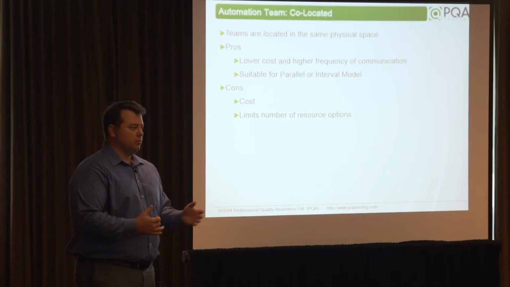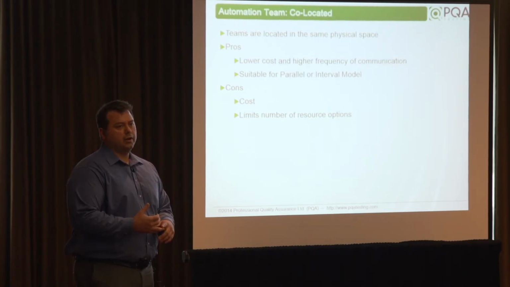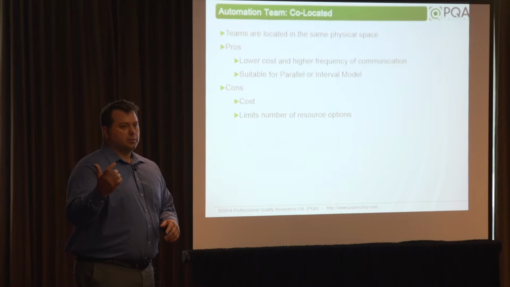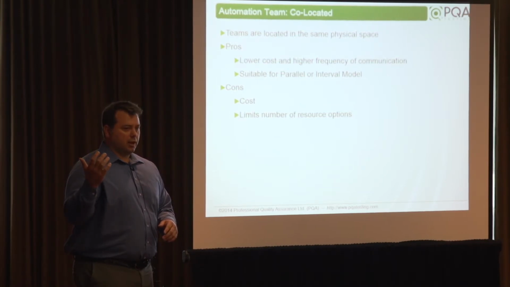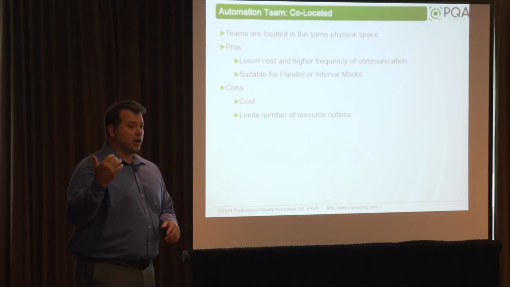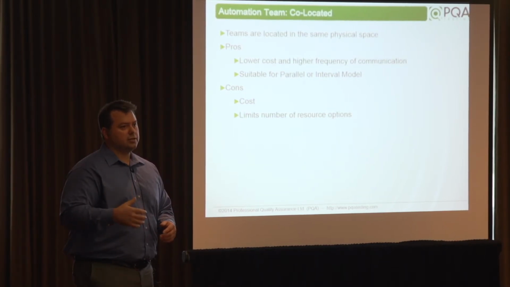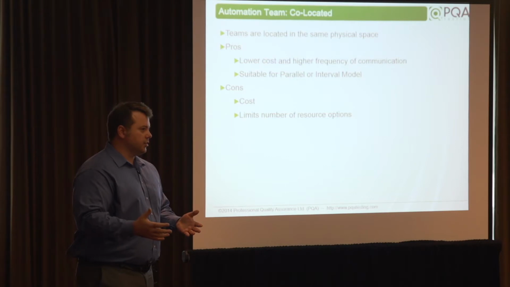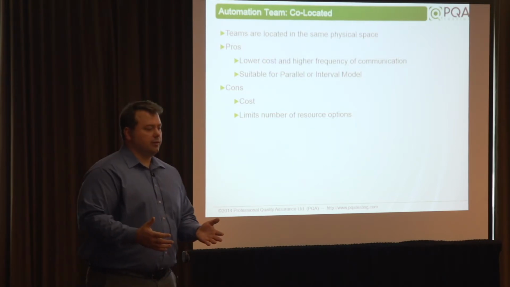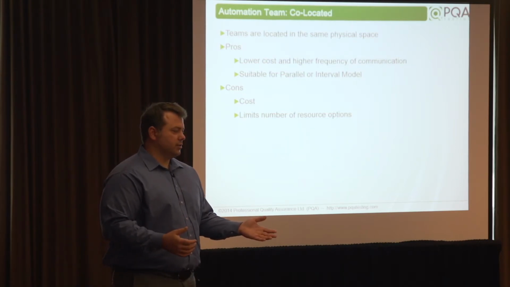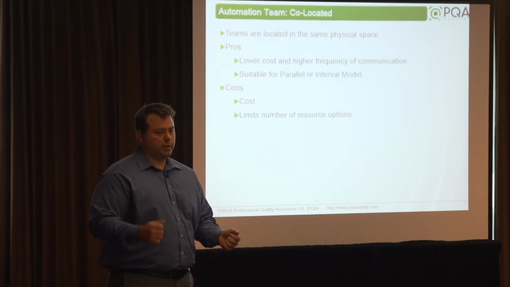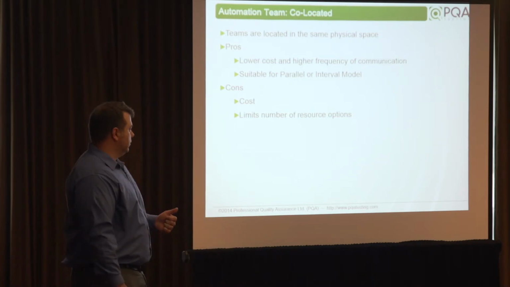So if I'm in the next cubicle to a developer and I hear him talking about how he's about to change a feature, then I've just received information about what I need to do to automate that feature. I can pop up and ask a couple of questions, and we're both still on the same page. That's not going to happen if your developer is sitting in Vancouver and your automation resource is in Bangalore.